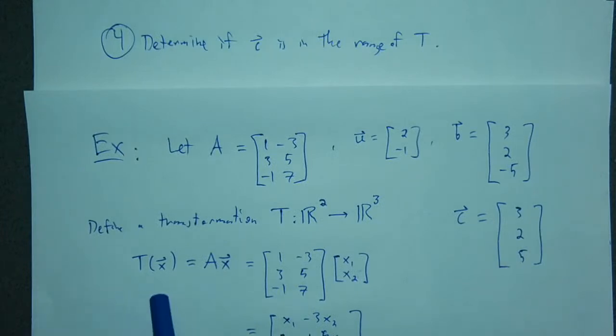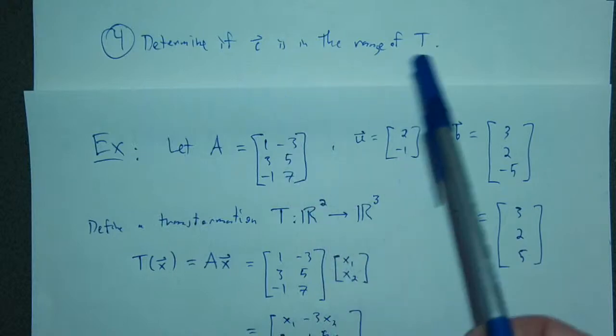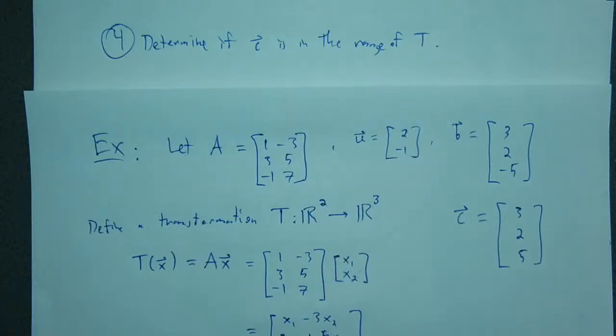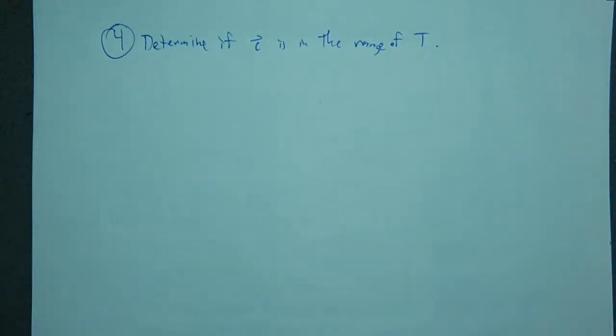So my transformation T is defined as taking my matrix A and multiplying it by my vector in R2. Asking whether or not c is in the range of T is the same as asking what? So here's my c, here's 3, 2, 5.